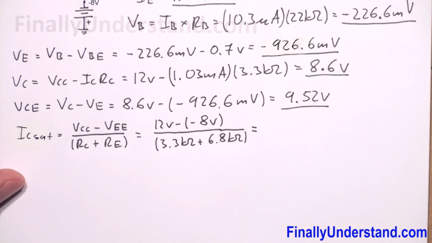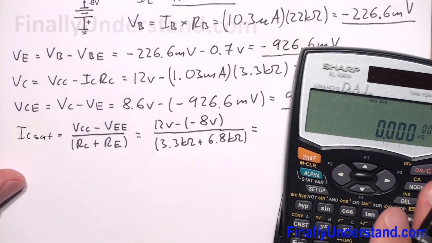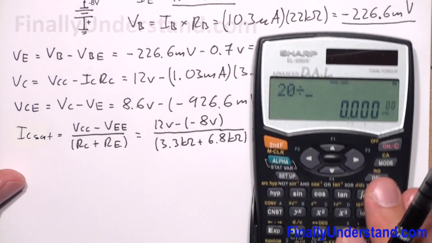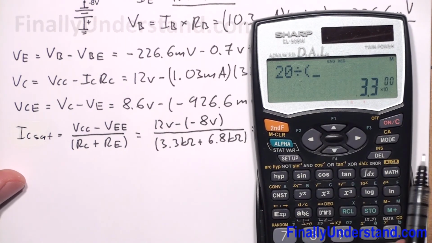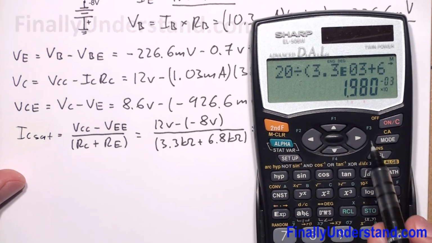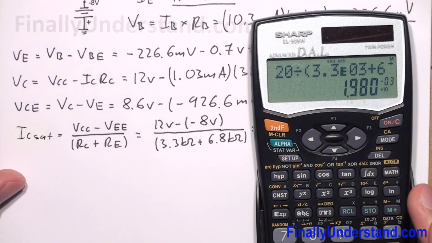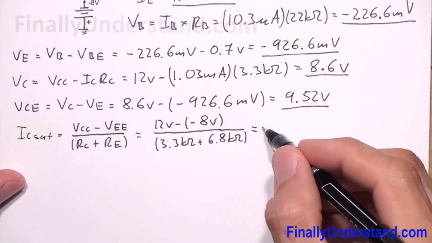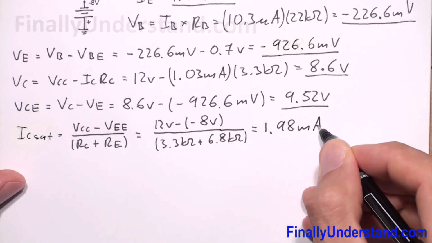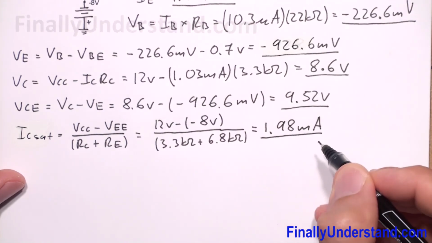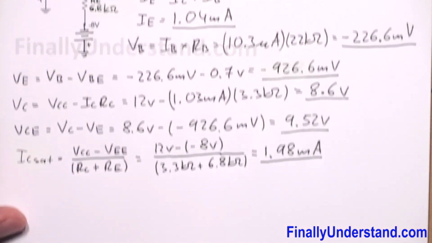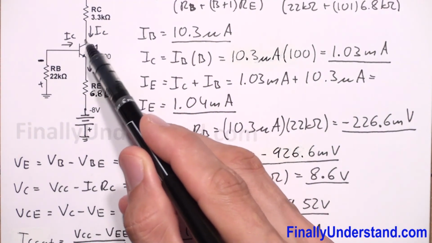Negative times negative will give me positive, so I have 12 plus 8 is 20, so I have 20 divided by, open parenthesis, 3.3 exponent 3 plus 6.8 exponent 3, close parenthesis. This is equal to 1.98 milliamps. So this is my maximum current, which will flow from the collector to the emitter, over here, by the transistor.